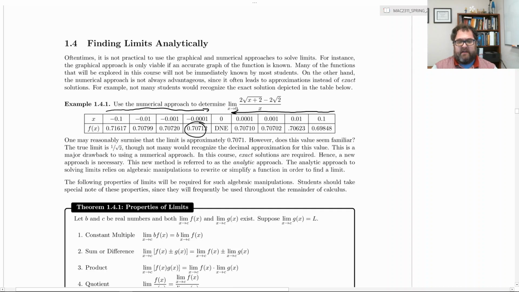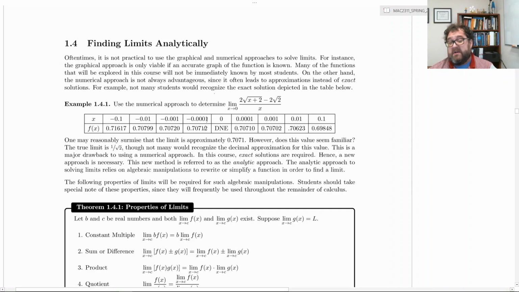It looks like the y values are getting closer and closer to 0.7, maybe 0.707, but it's hard to tell what the exact limit is, because we don't have an obvious limit like 5 or 1/2 or 10 or 0. It's a decimal approximation without an immediately recognizable solution.